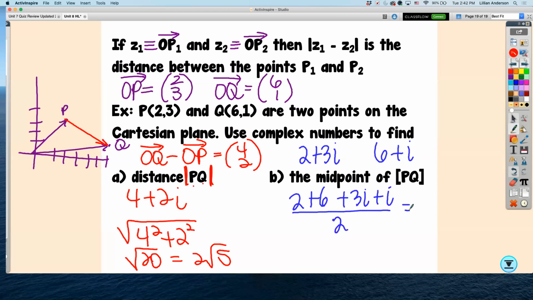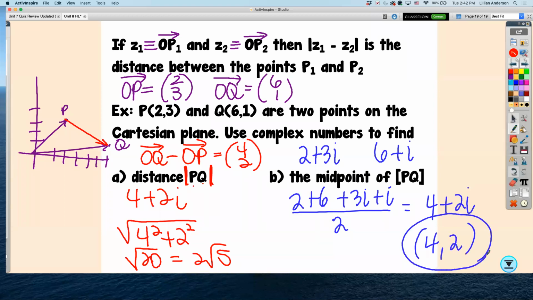So what's 6 plus 2, and 3i plus i, divided by 2 going to be? 4 plus 2i. So my midpoint is going to be, yes, 4 plus 2i, but the point itself would be (4, 2). That's some basics with complex numbers.